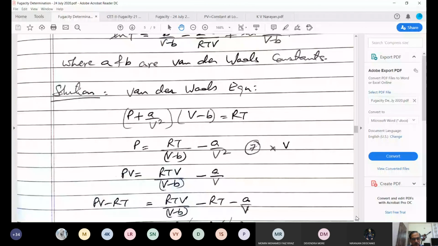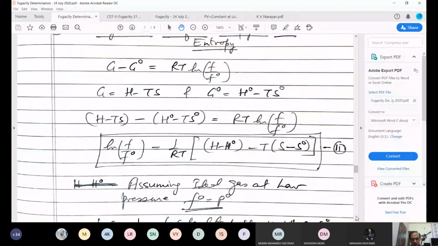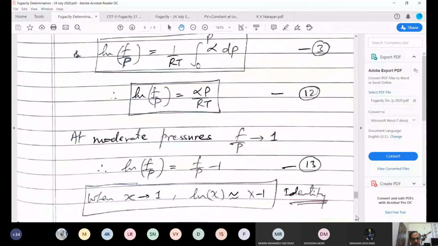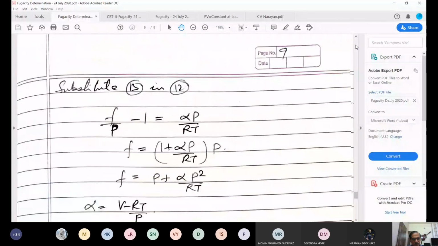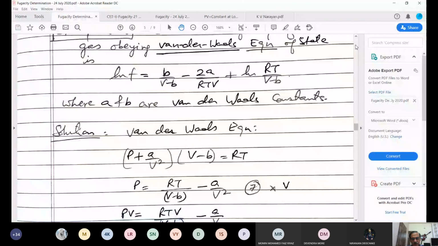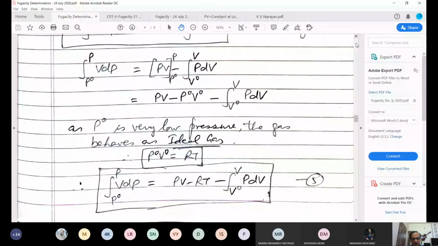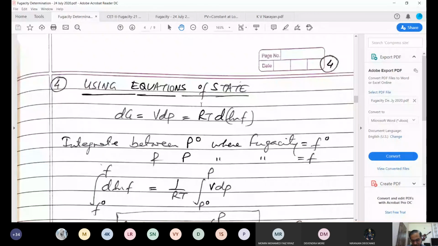Enthalpy values, and yes, there are 5 or 6 methods. So we'll see those next time. Okay, so we'll not see this. So up to that equation using residual volumes.